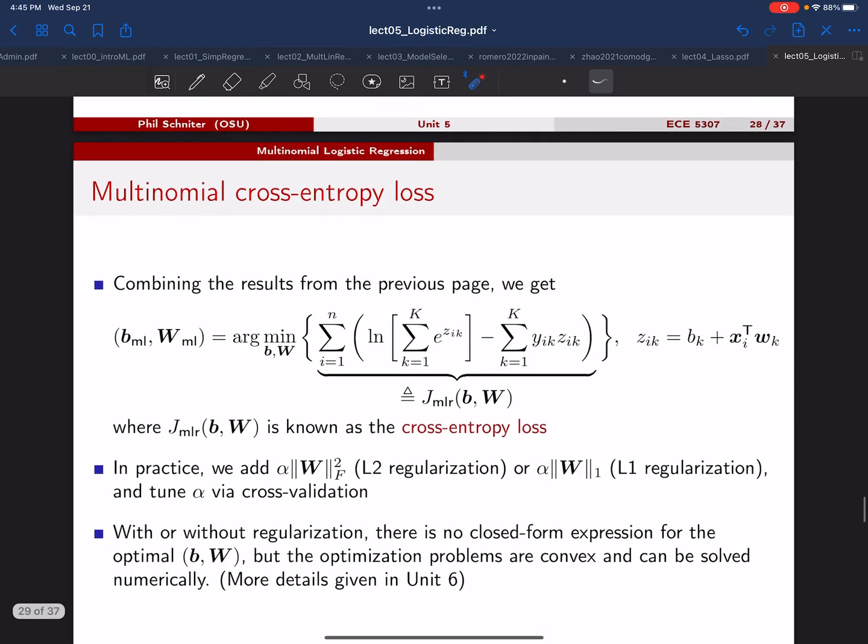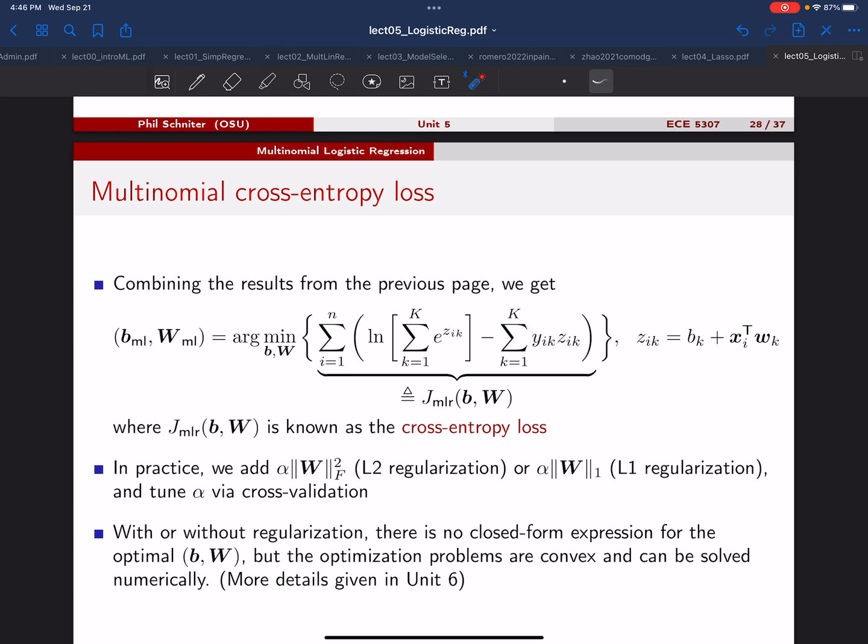And that is the term that we plug into this sum over our training samples. So finally, bringing in the sum over the training samples, this is the optimization problem that we need to solve to do this MLR, multinomial linear regression. It has a similar flavor to the binary case, but it definitely differs in the details. This is commonly known as the cross-entropy loss.